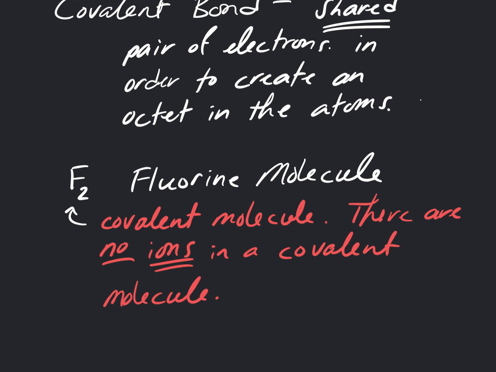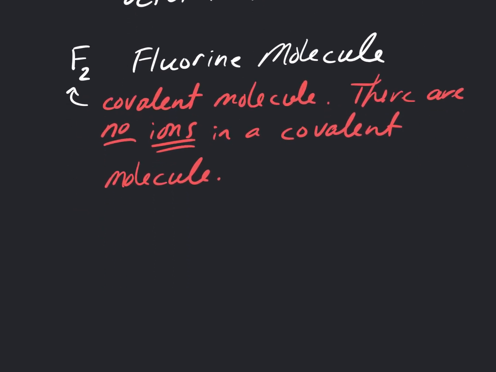So what I'm going to do now is draw a Lewis dot structure for fluorine. I'm going to draw two of them, all right? I'm drawing them like this on purpose. I'm going to draw my pair of electrons here, pair of electrons here, pair of electrons here, and one electron left over, okay? I'm going to draw another fluorine molecule.